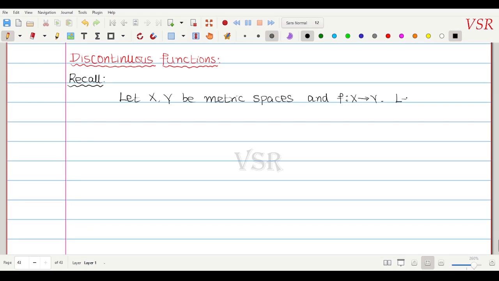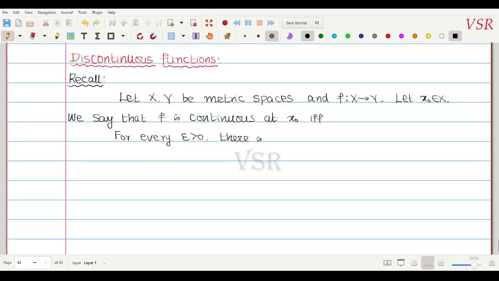Let x naught belong to capital X. We say that f is continuous at x naught if and only if for every epsilon positive, there is a delta.